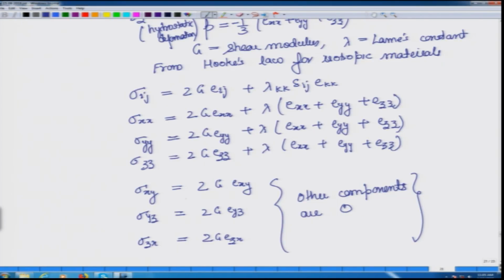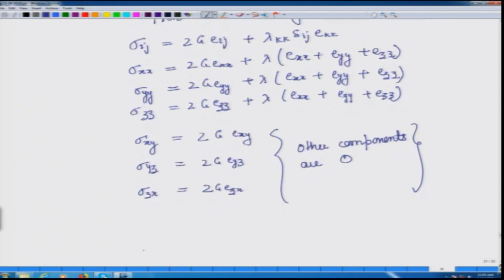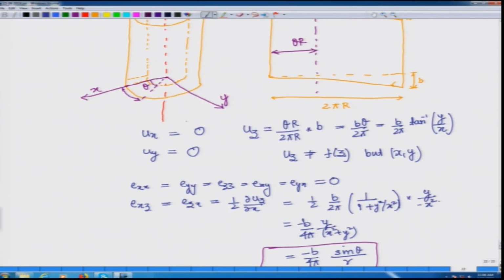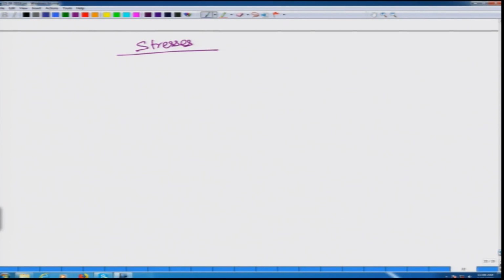So, what we will be able to get as a stress is only sigma yz and sigma zx. Just like in the strain, the only two components that are non-zero are sigma xz and sigma yz. So, sigma xx is equal to sigma yy, these are all 0.